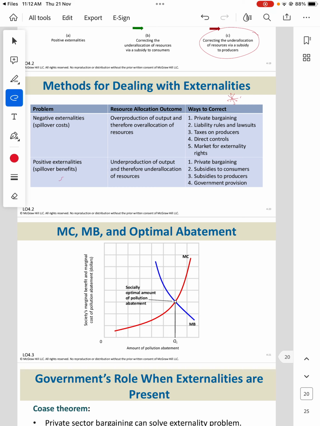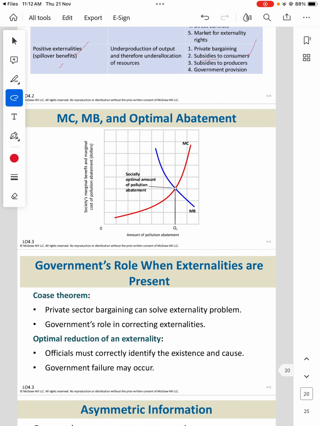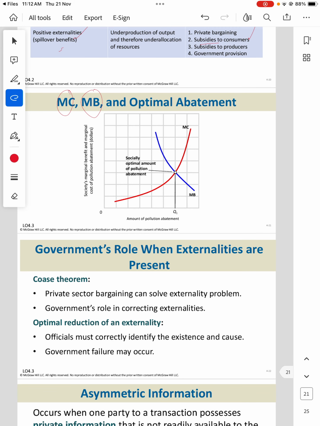The problem we have is negative and positive externalities, and we correct them by having this and this. Remember: positive, subsidies; negative, tax. Why tax? When we impose it on a company that makes air pollution, they will stop making air pollution. And then there are marginal cost, marginal benefits and optimal abatement.